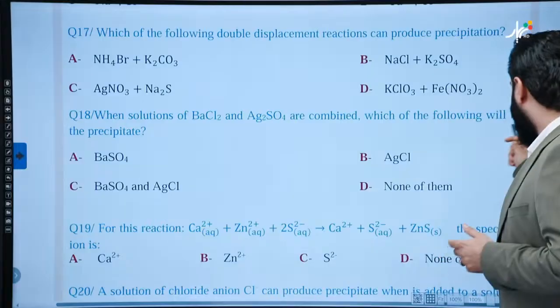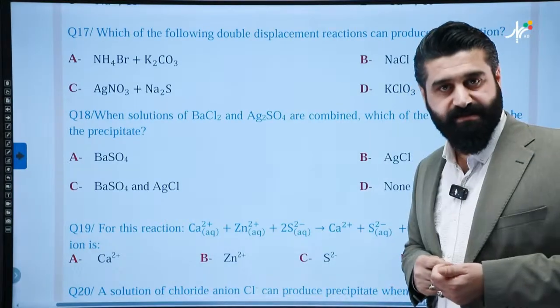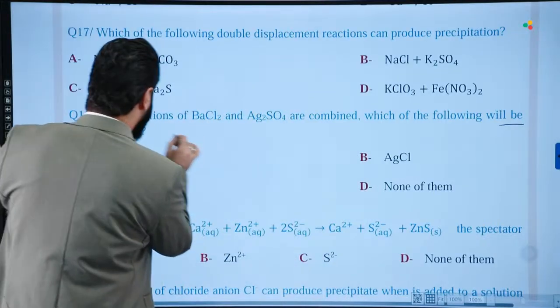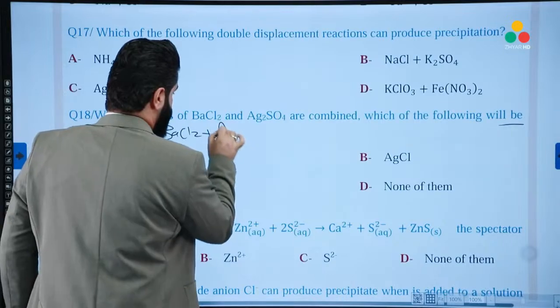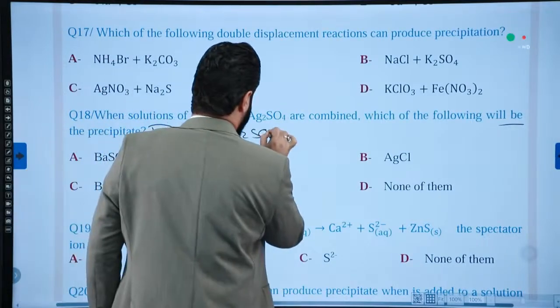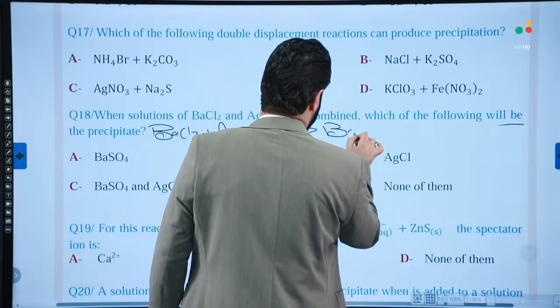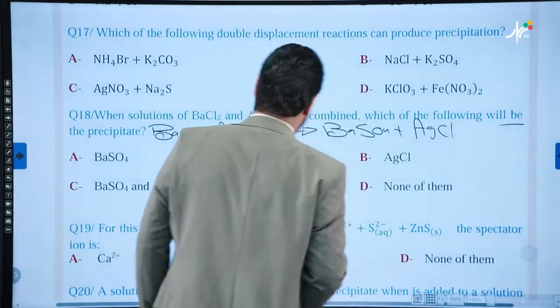Which of the following will be the precipitate? Okay, so let's have the double displacement for this again. BaCl2 plus Ag2SO4 to form BaSO4 plus AgCl.